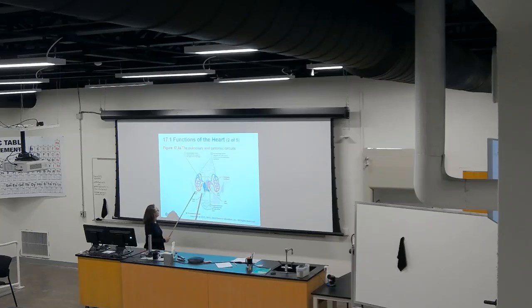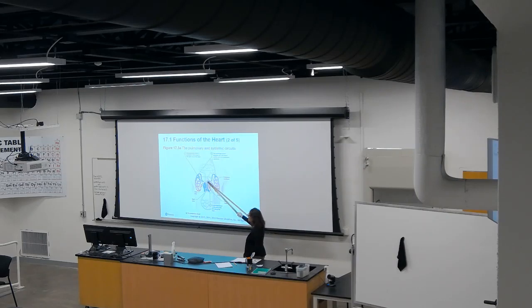So here is the overview, the illustration of this pulmonary circuit, the shorter one. The right side of the heart handles the CO2-rich blood. It pumps it with the right ventricle into this pulmonary trunk, which is the name of this artery.